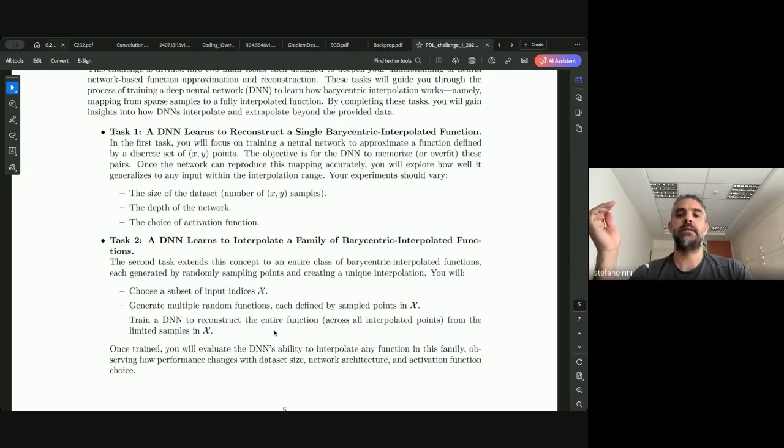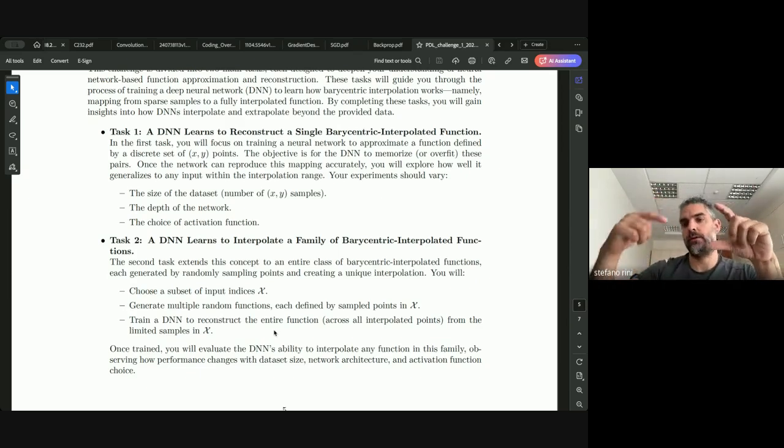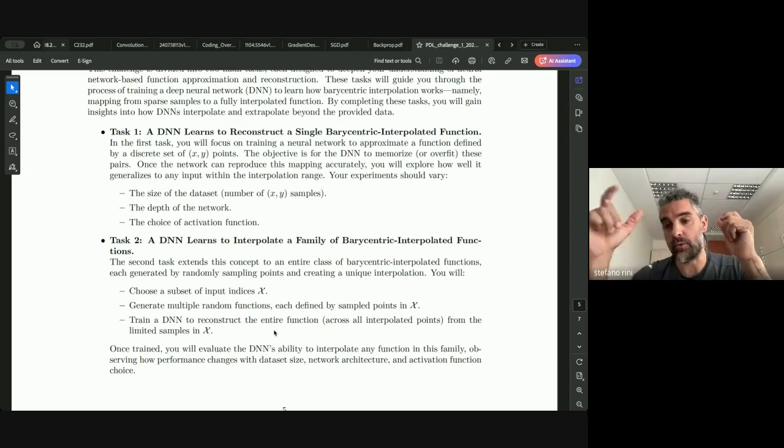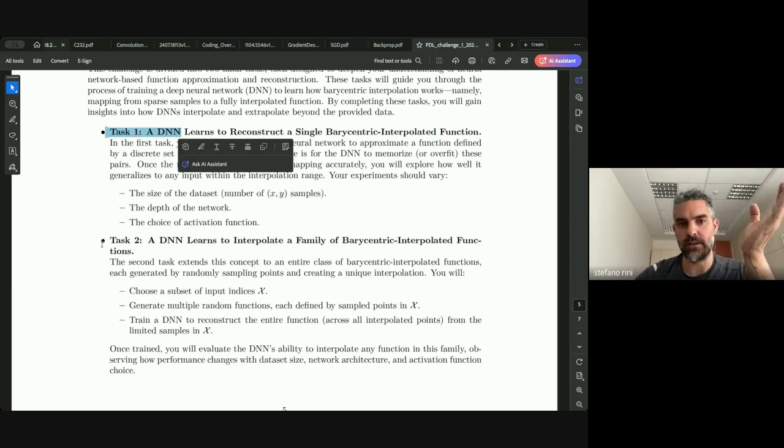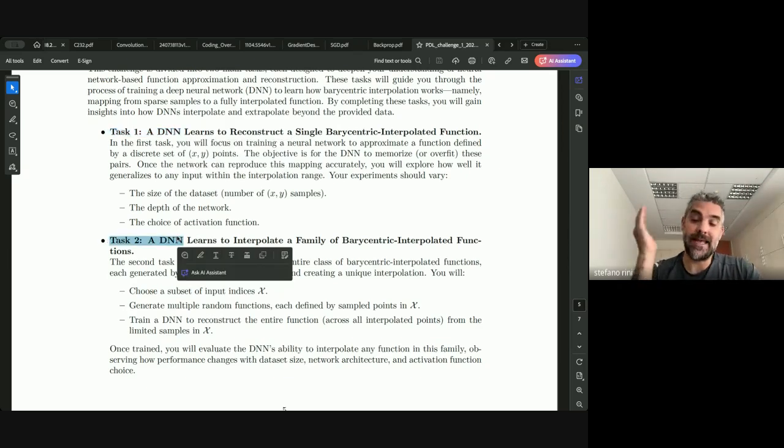So let's say that you have n input points and you have m output points. You want the network to learn that if you take these points in input, then the barycentric interpolation will produce this upscaling of the function, okay? So in task one, again, you have a one input, one output neural network. In task two, you have an n input, m output neural network, okay?